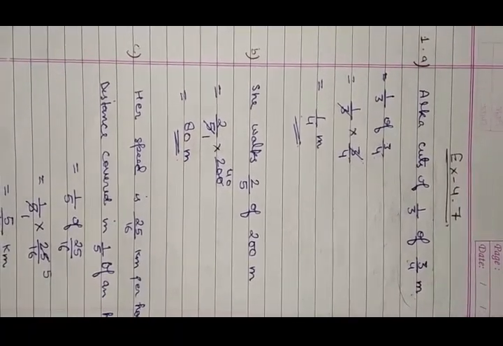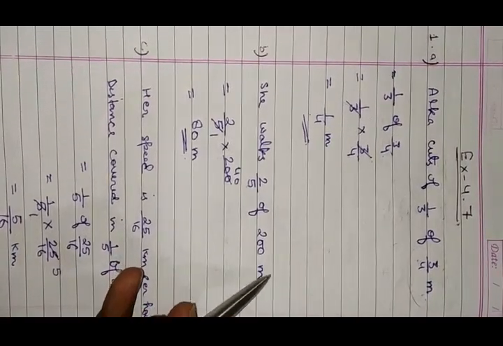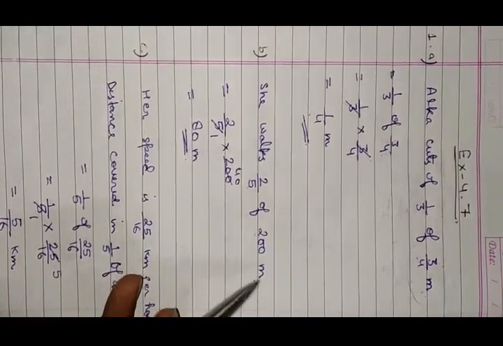It means 2/5 of the total distance she covered before being picked up by her friend. Now, what distance did she cover? She walks 2/5 part of the total distance, 200 meters.